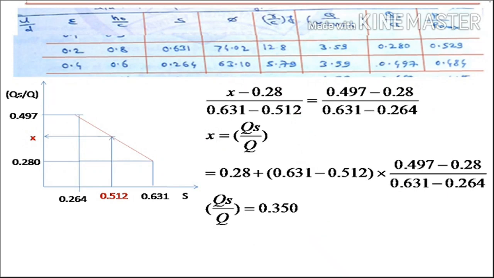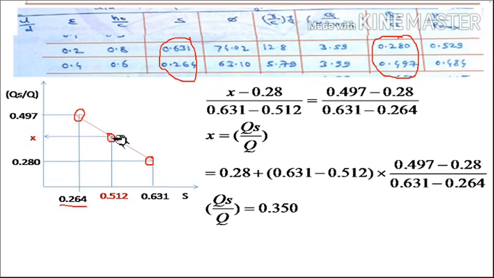On similar lines, now we will determine the value of Qs by Q from this table. I will be using these two values on y-axis and these two values on x-axis. You can see here, corresponding to 0.264, the value of Qs by Q is 0.497. Similarly, for 0.631 the corresponding value of Qs by Q is 0.28, and now we have to find out the value corresponding to this point.